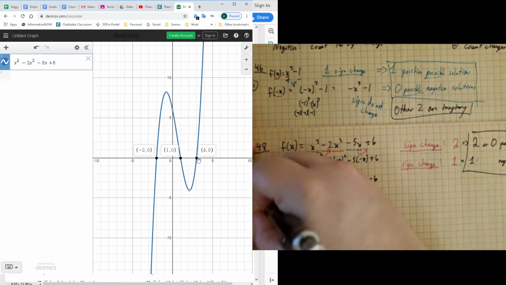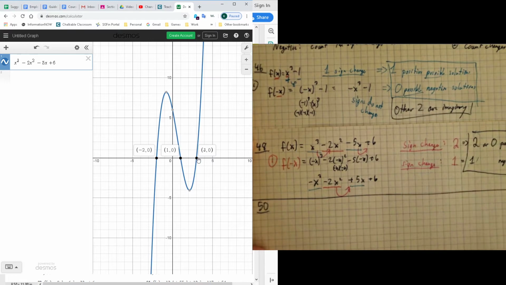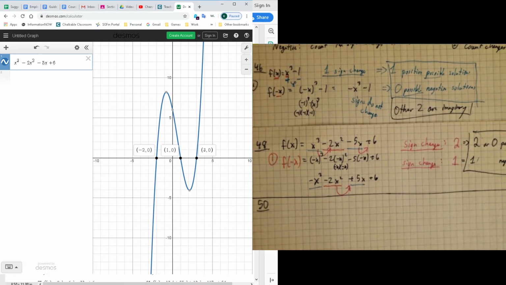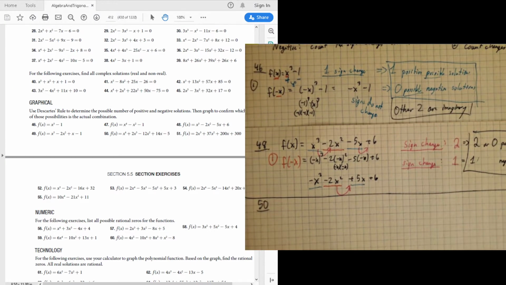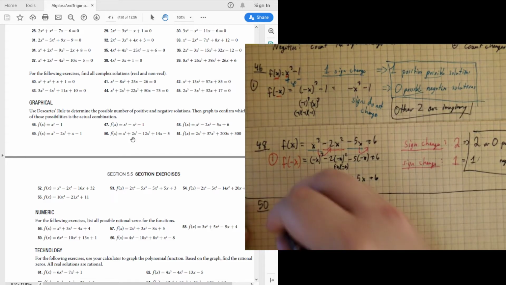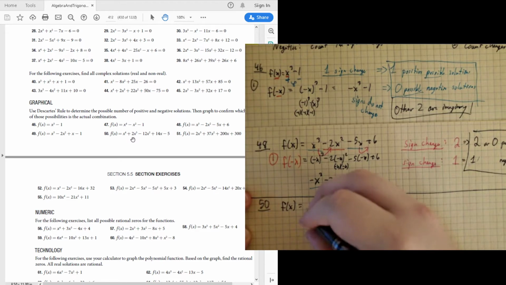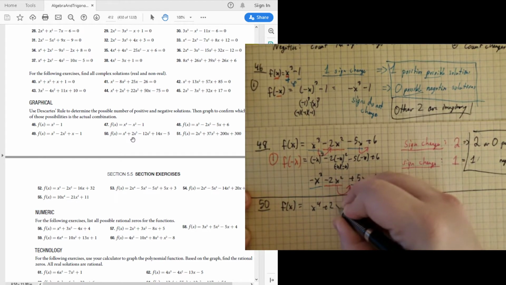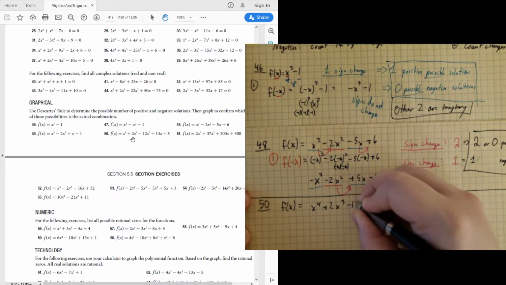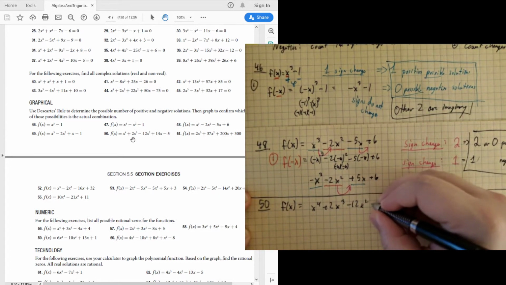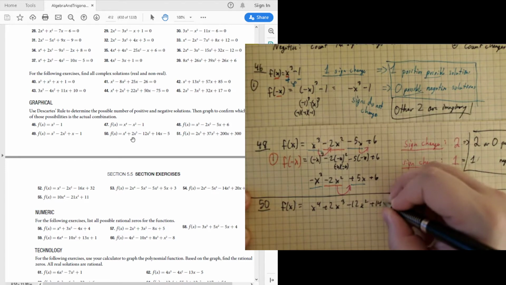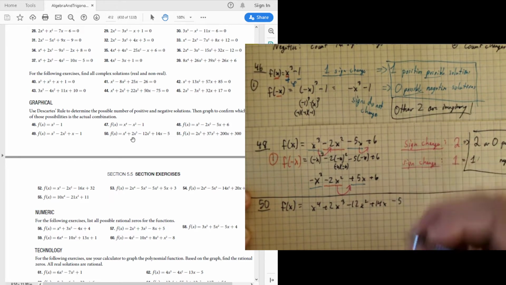So from number 50, we have f of x is equal to x to the fourth plus 2x cubed minus 12x squared plus 14x minus 5.